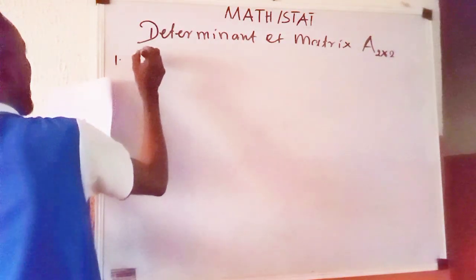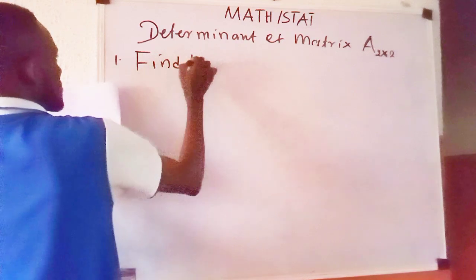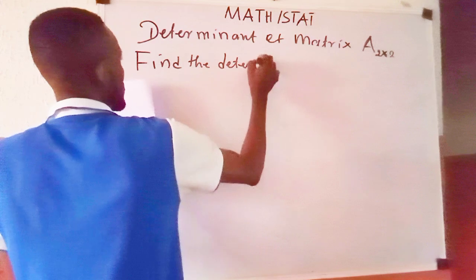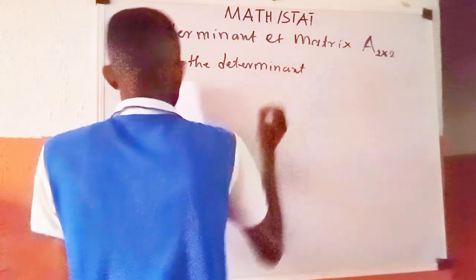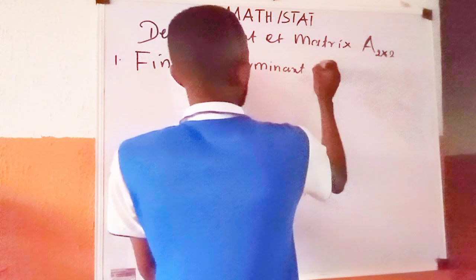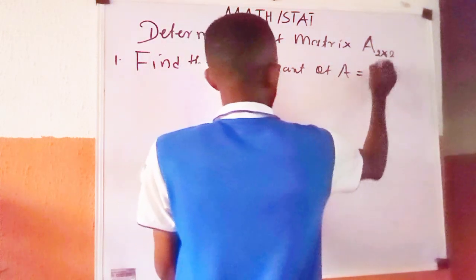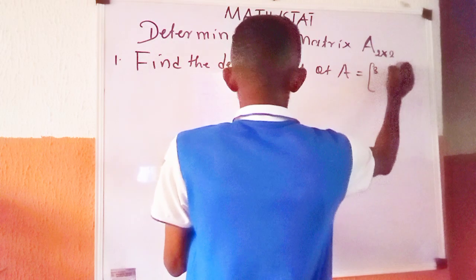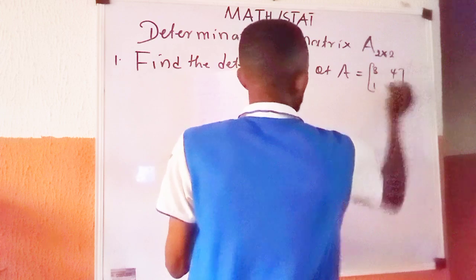They say find the determinant of A equals 3, 4, 1, and 2.